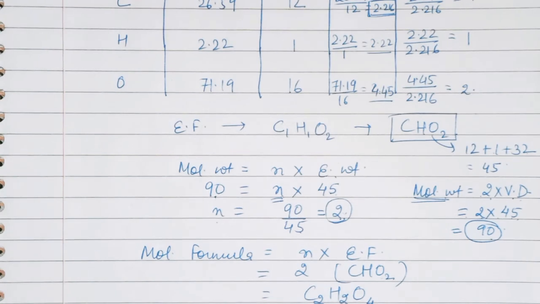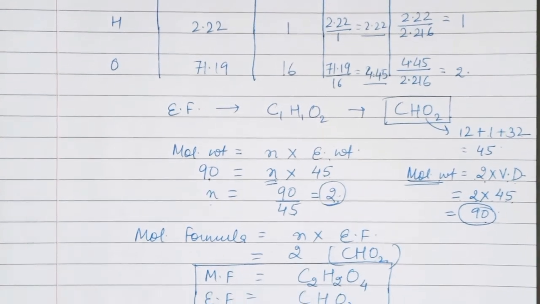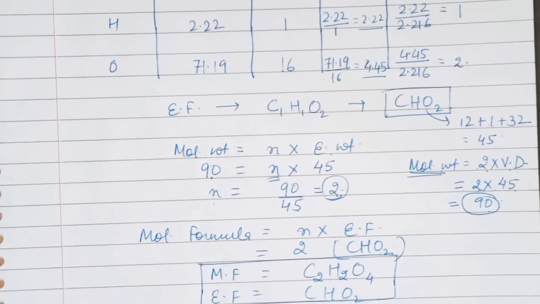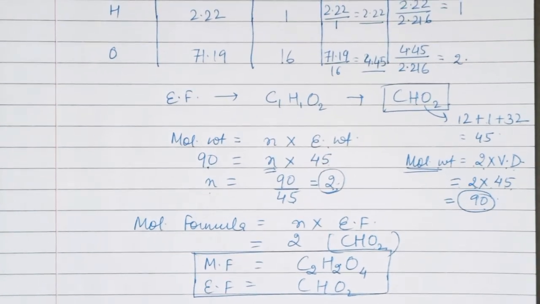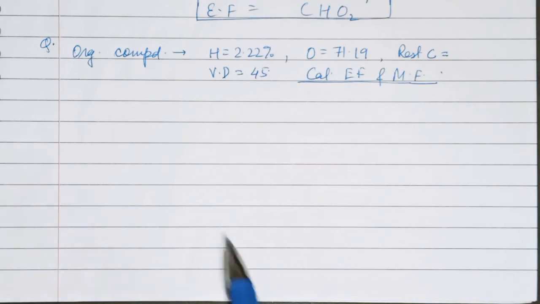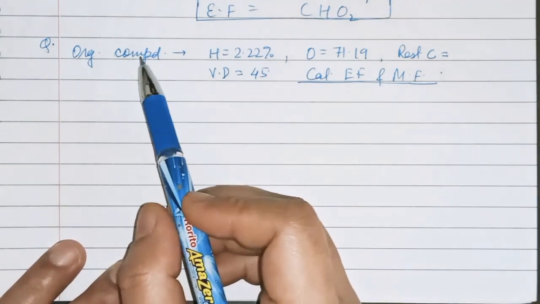So this will be the molecular formula for the given compound. So the molecular formula is this, and the empirical formula is CHO2. This is your solved question. Molecular formula is C2H2O4 and empirical formula is CHO2.